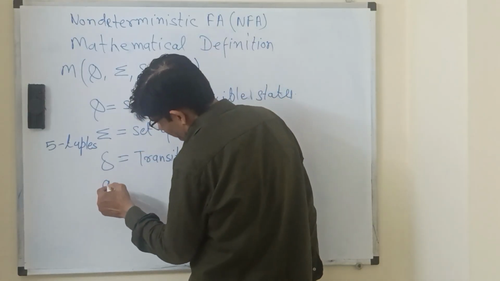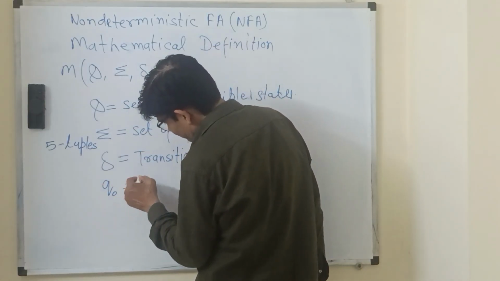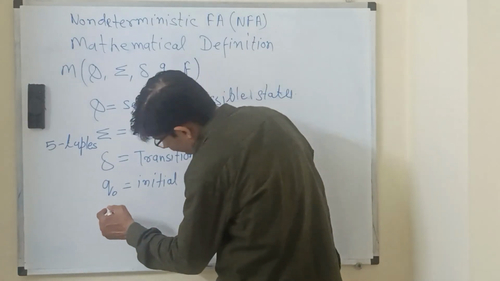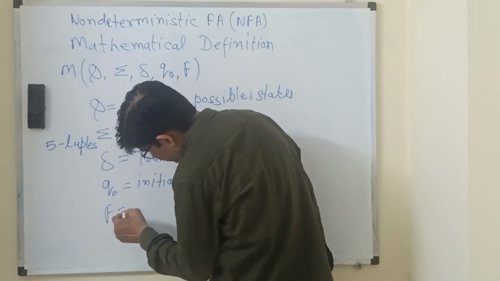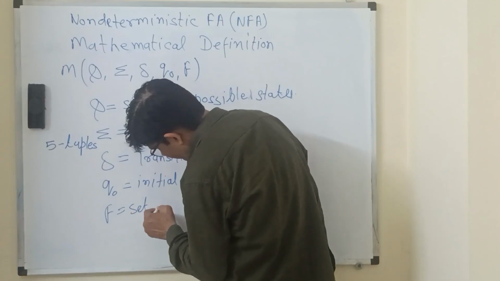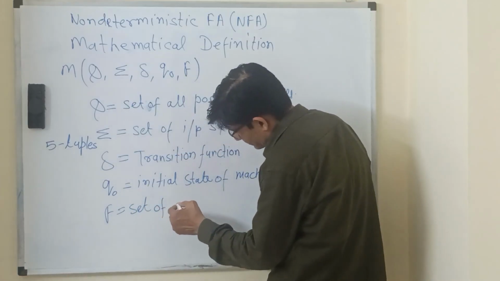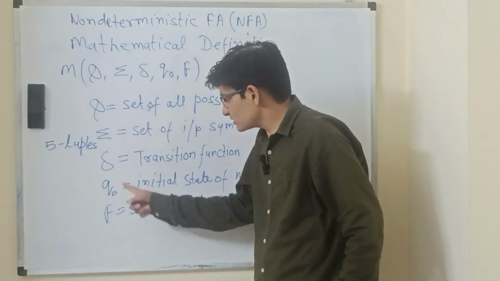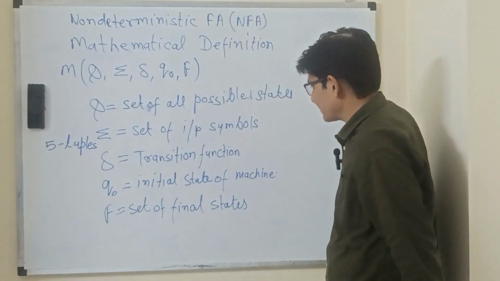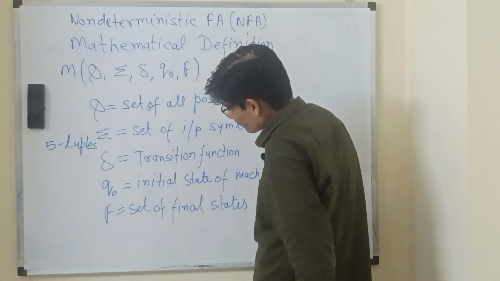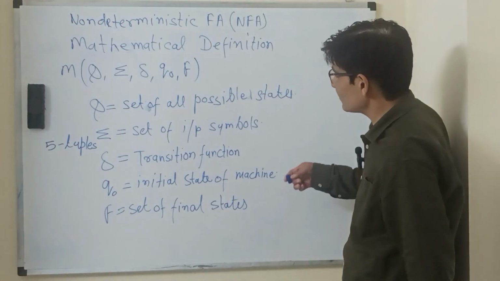And Q0 is the initial state of the machine. Then F is the same set of final states. So these five tuples are the same. The only difference is there in the transition function.